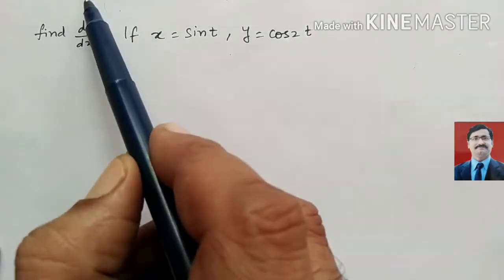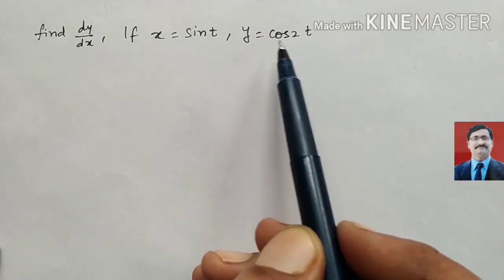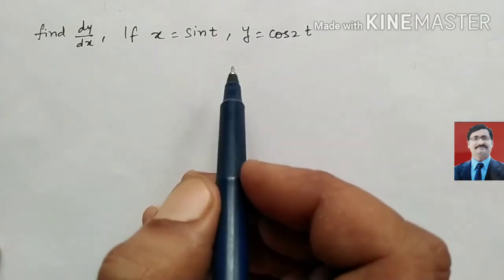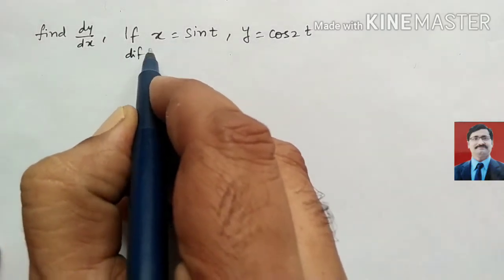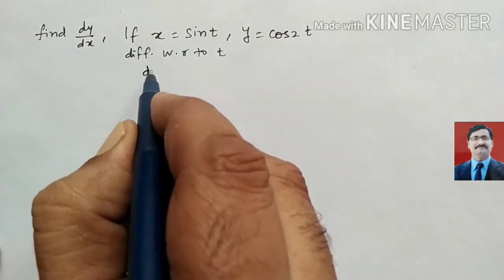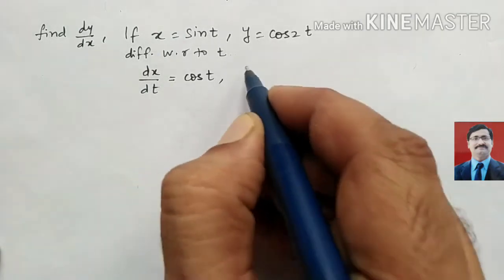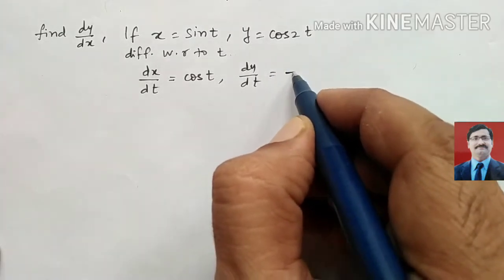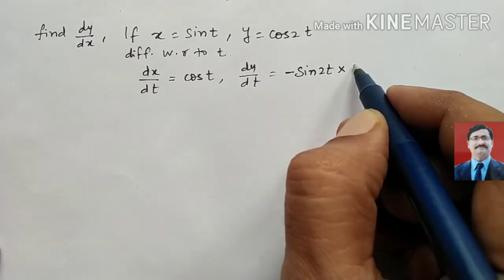We have to find dy by dx if x equal to sin t and y equal to cos 2t. Here the parameter is t, so we have to differentiate with respect to t. Look here, differentiating with respect to t, dx by dt is equal to cos t, and dy by dt is equal to cos differential which is minus sin, and 2t is as it is, and 2t differential is 2.